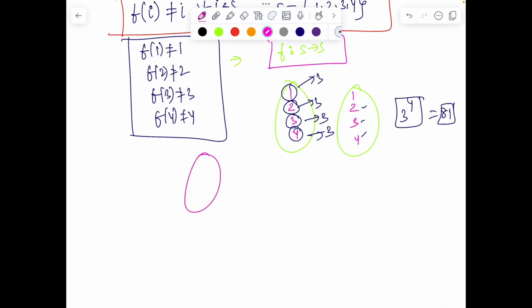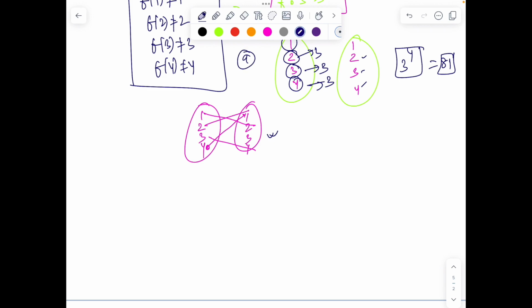Now in this answer, it is not necessarily a 1-1 function, because it might happen that 1 is going to 2, 2 is going to 1, 3 is going to 4, and 4 is also going to 1, right? So these possibilities are there.